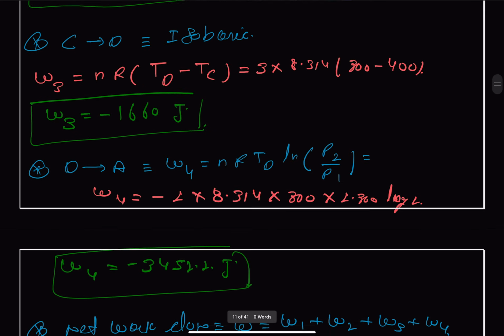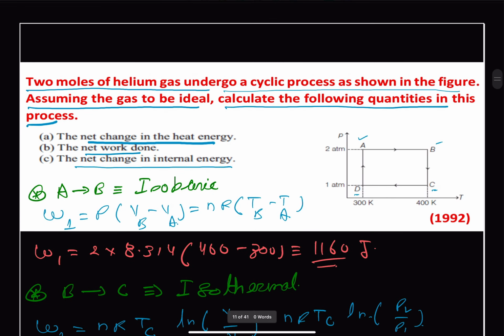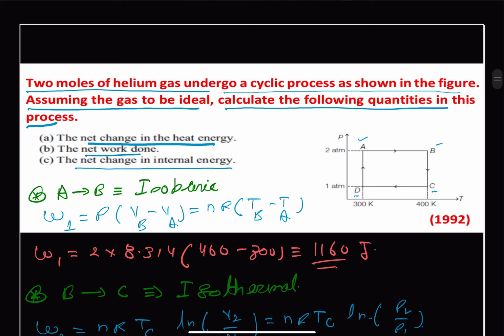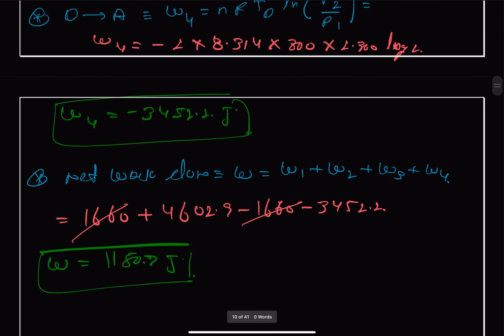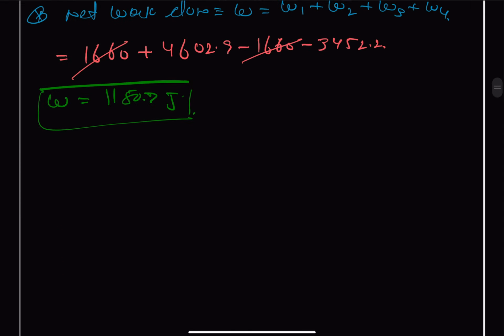Now we come to the part B. Okay, we have to find out the net energy. We just dealt with our part A. So net energy, we know the first law: delta Q is equal to delta U plus W, and for a closed loop, because it is a cyclic process, delta U is equal to 0.